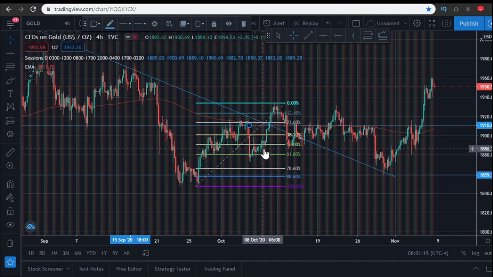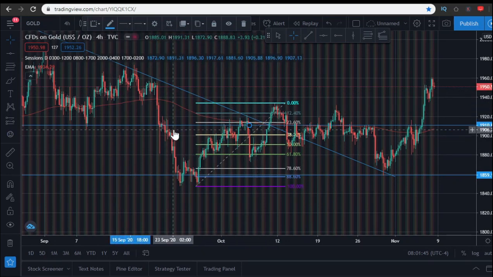So the idea is, once price bounces off of either the swing low or swing high and touches the 61.8 or the 70, then you go in for a buy if it's moving up, or in the case of moving down, it'll be a sell.